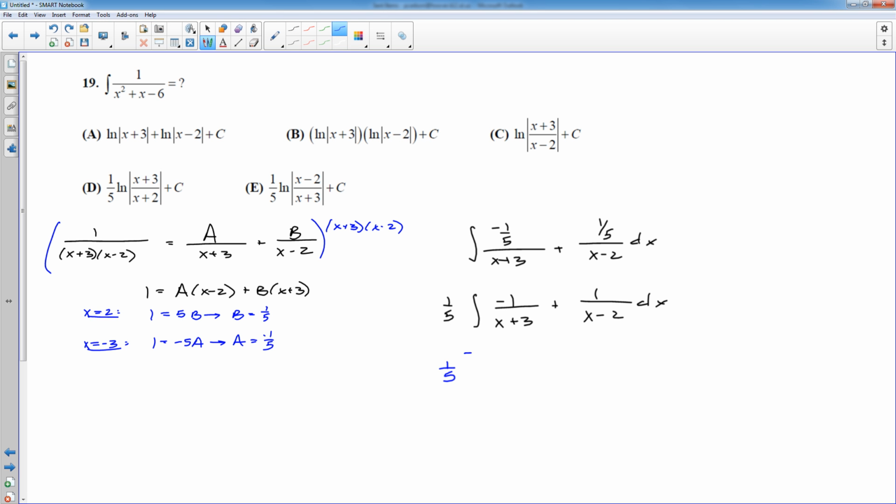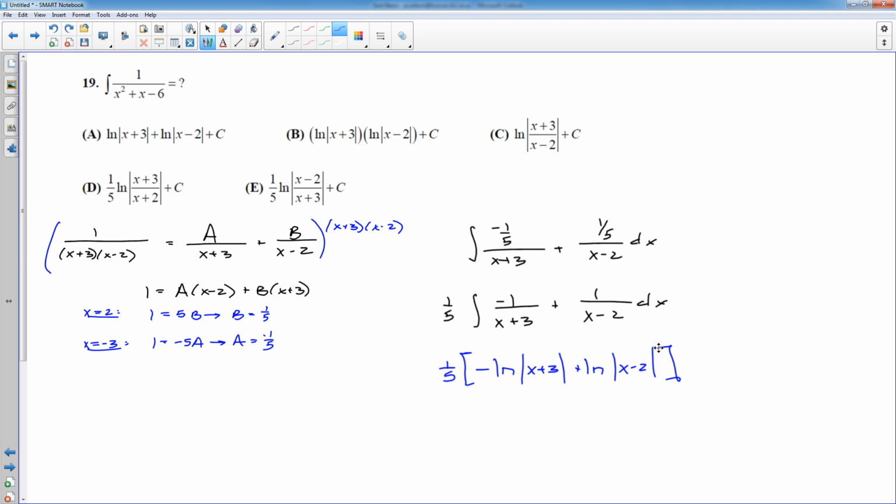Be careful with that first one because the top is actually the negative derivative of the bottom, but they are both natural logs. The first one's going to be the negative ln of x plus 3 because it's a negative 1 on top. The second one, top is derivative of the bottom, so ln of x minus 2.